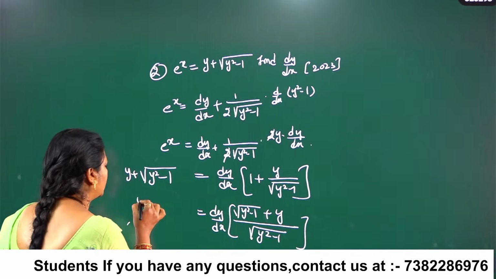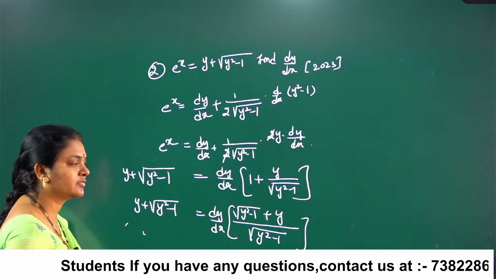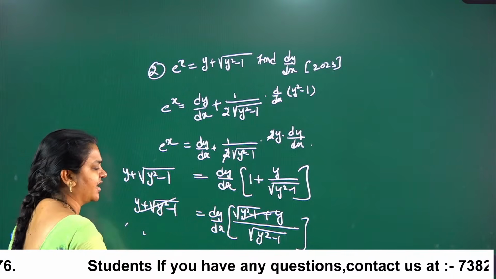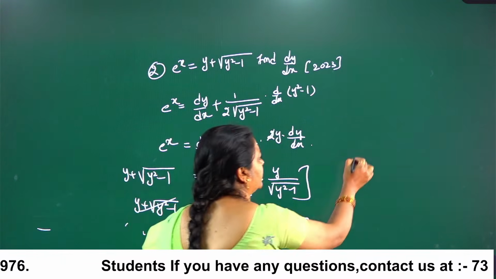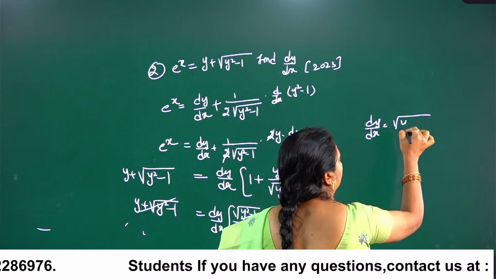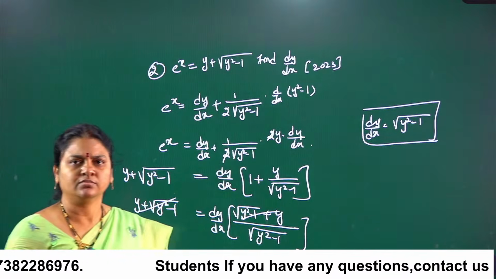On this side we have y plus under root of y square minus 1. Both same terms will get cancelled, so we get dy by dx equal to under root of y square minus 1. Like this we will solve.